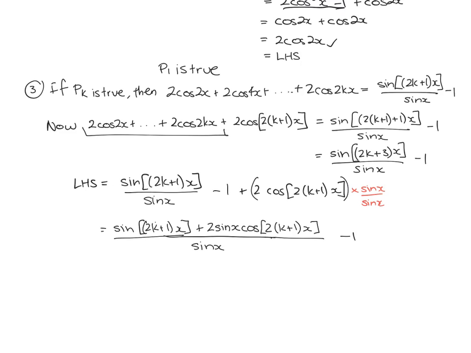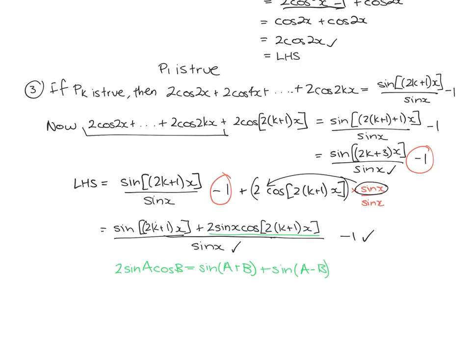And we're going to leave this minus 1. I didn't touch this minus 1 here because, as you can see, we want to get it to a minus 1. So that's the first bit we've got right. When we multiplied this bit by sine x, we also multiplied the bottom by sine x so we can have it all over a fraction. We've got the sine x on the fraction, so that's good. So we're getting closer, okay? But now we've got to have a look at what we've got next.